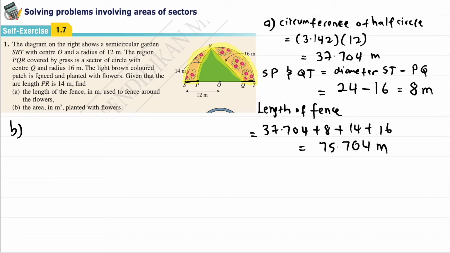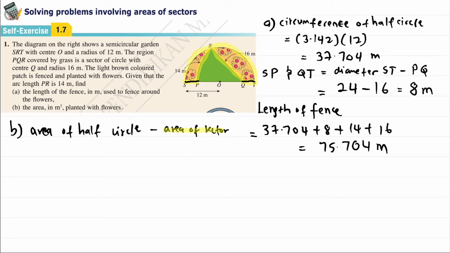So, apakah dia punya proses? Prosesnya adalah kita cari area of half circle and we have to minus with area of sector. Okay. So, kalau kamu tengok area of sector memerlukan kamu untuk ada angle.